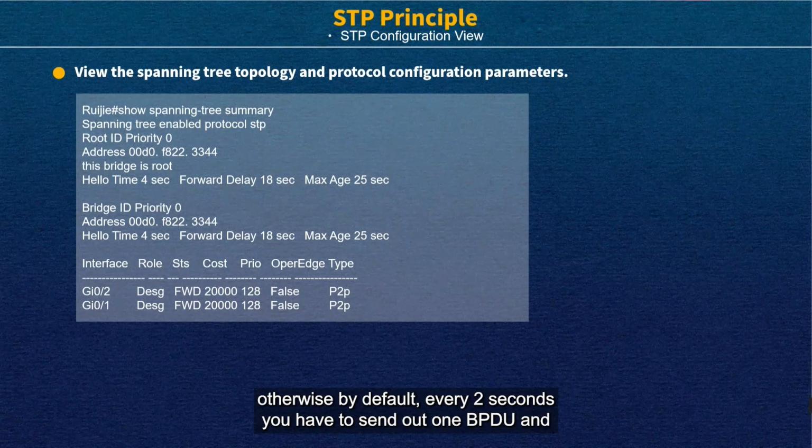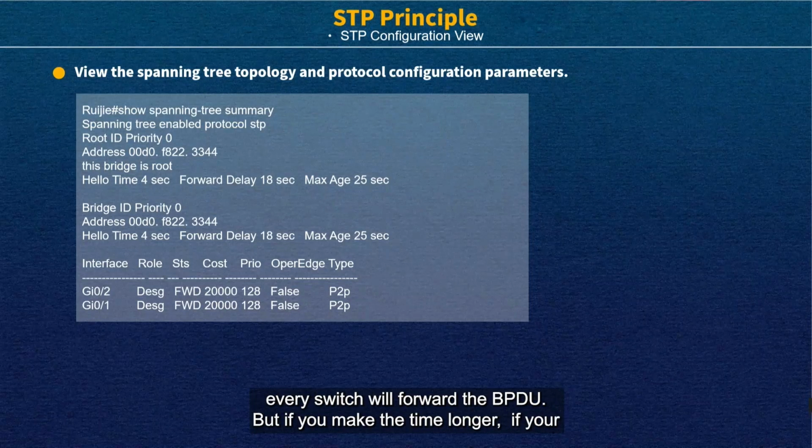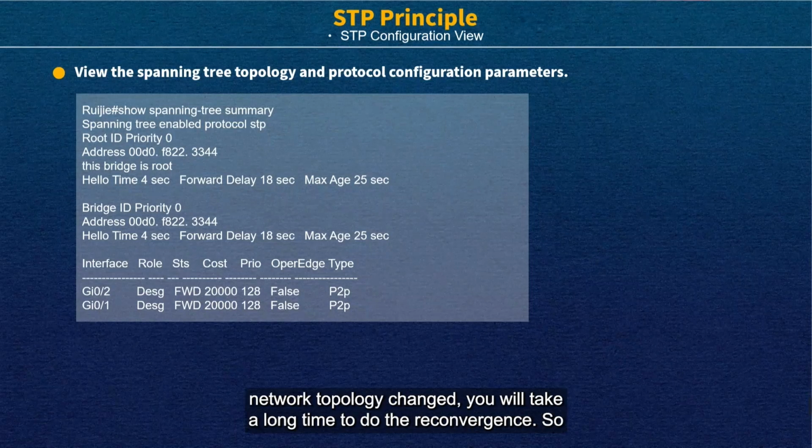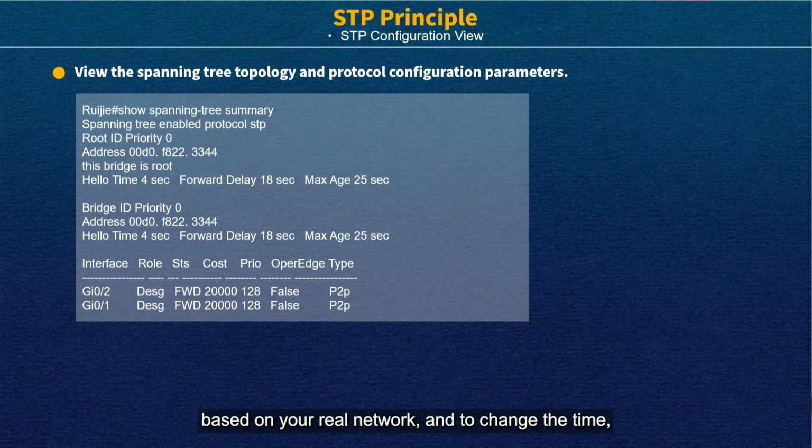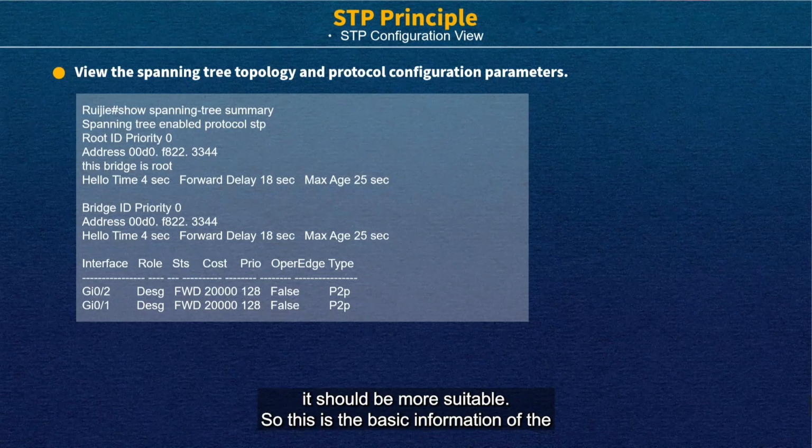By default, every 2 seconds one BPDU is sent. But if you make the time bigger and your network topology changes, it will take a long time to reconverge. So change the timers based on your real network to make them more suitable.